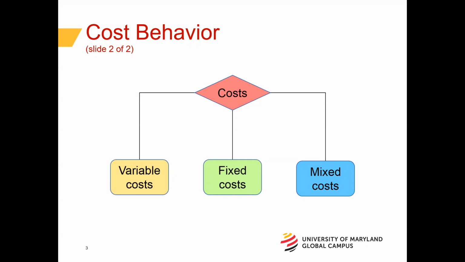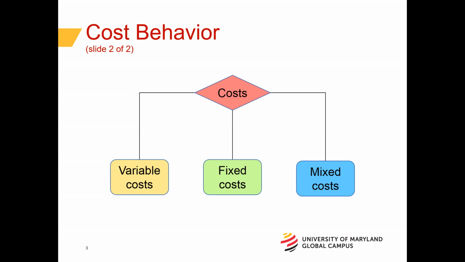And the third type of cost that we need to discuss as it relates to cost behavior, what we call mixed costs. An example of a mixed cost is factory overhead. Factory overhead can be considered to be part of mixed costs.